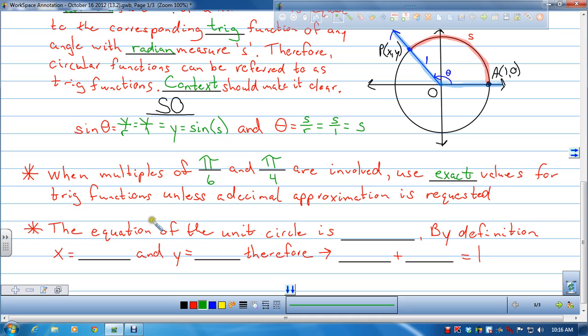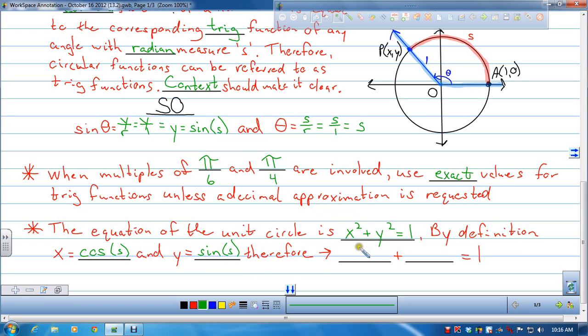Okay. So remember, the equation of this unit circle that we talk about is going to be x squared plus y squared equals 1. By definition, we know that x is equal to the cosine of s, and y is equal to the sine of s.